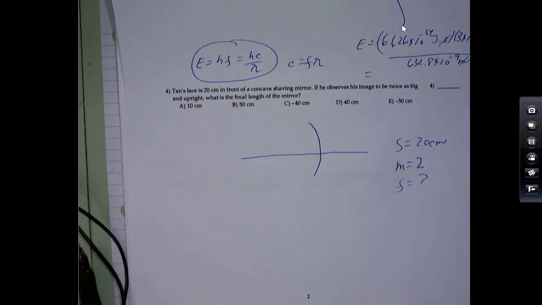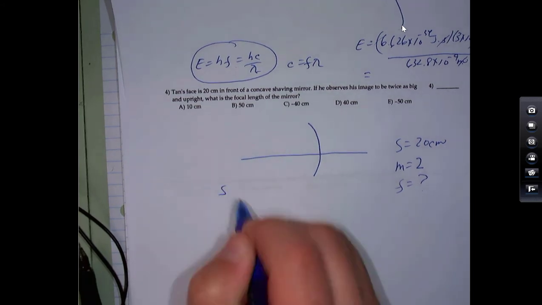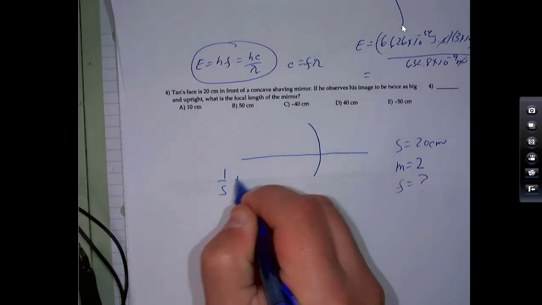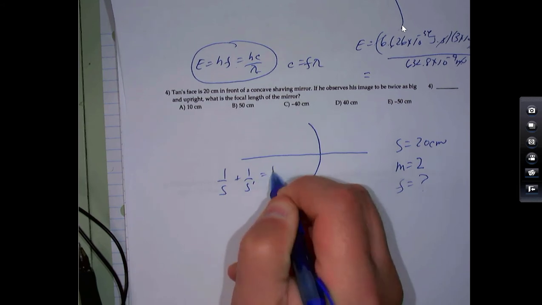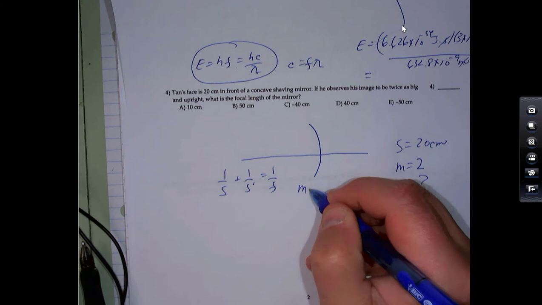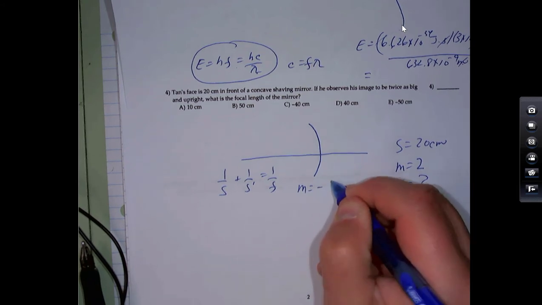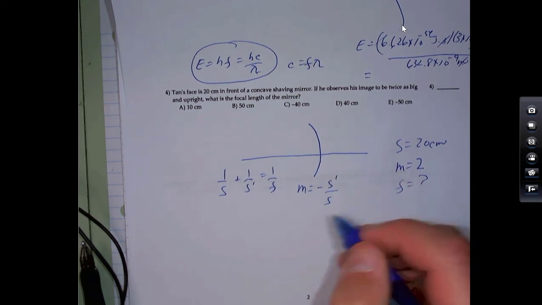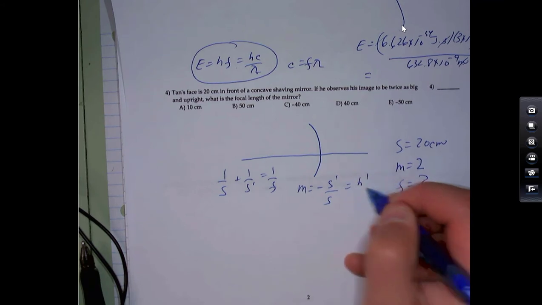So for lenses and mirrors, we have this. 1 over s plus 1 over s prime is equal to 1 over f. And we also have the magnification. So the magnification is minus s prime over s, which is also equal to h prime over h.